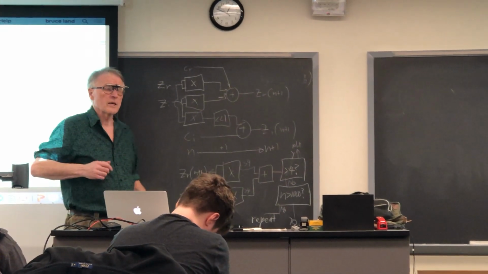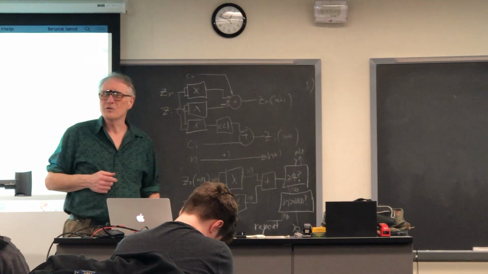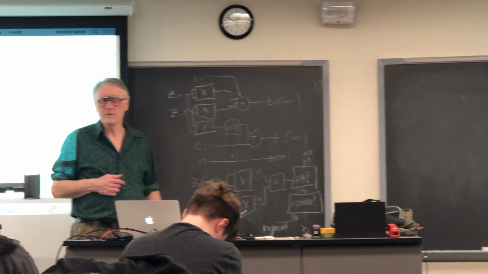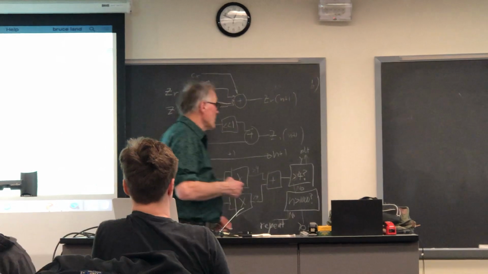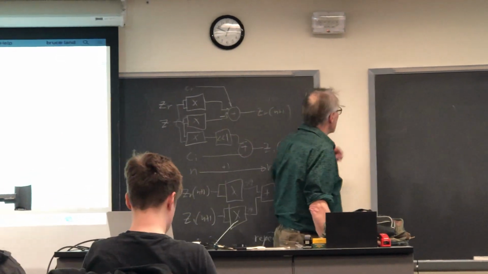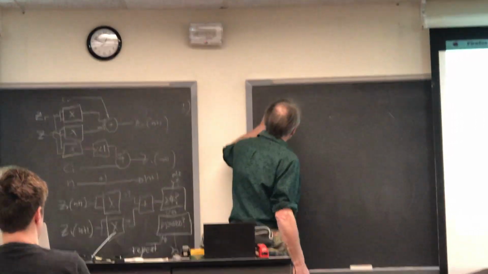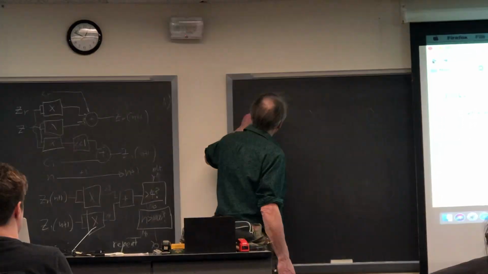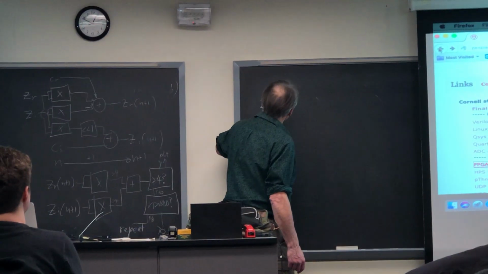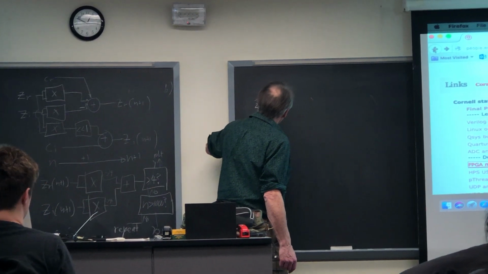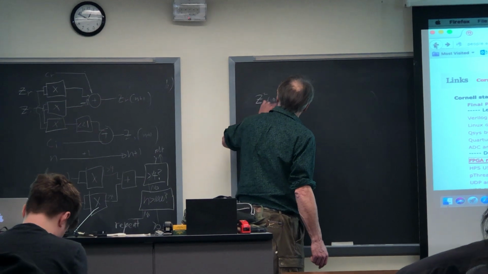So how do you initialize it? What do you choose for the 0th time step? What's the value of ZR squared and ZI squared for the 0th time step?